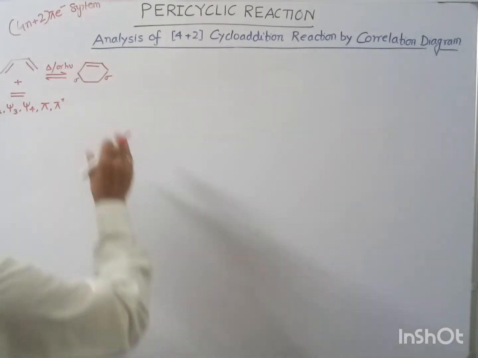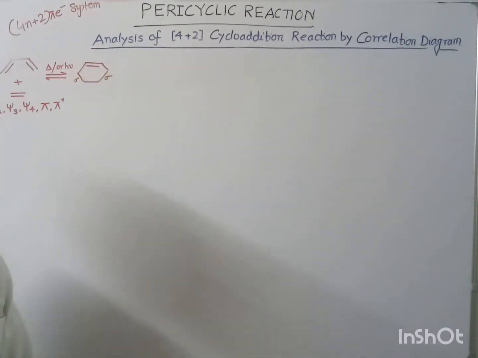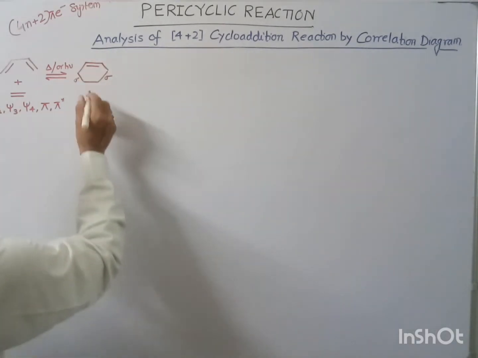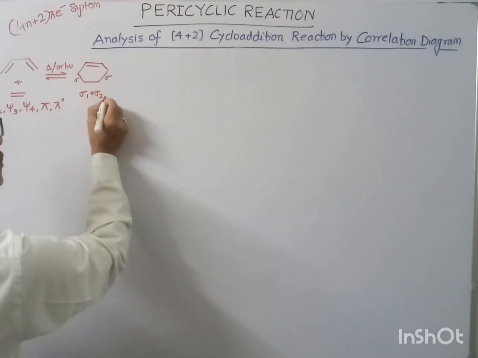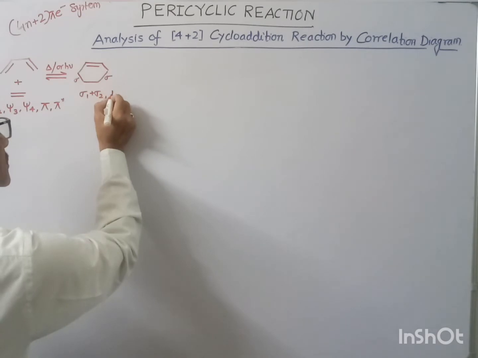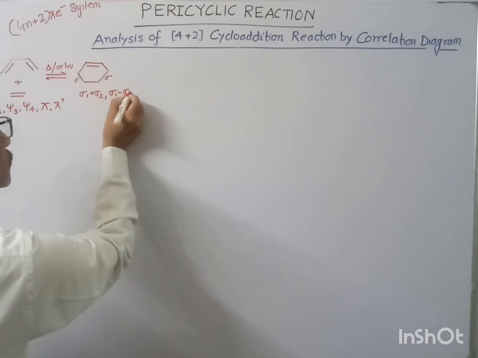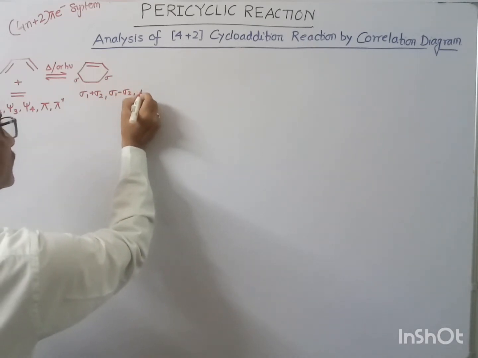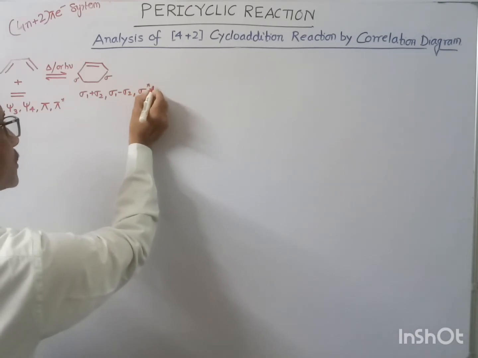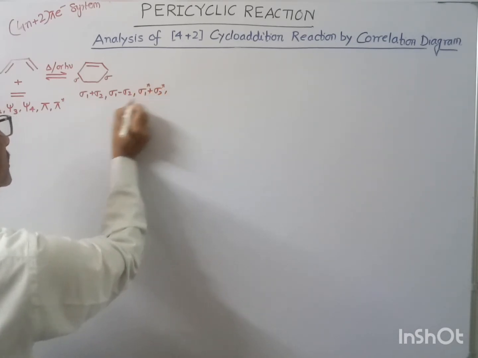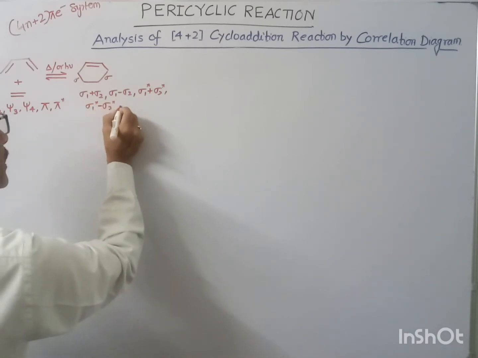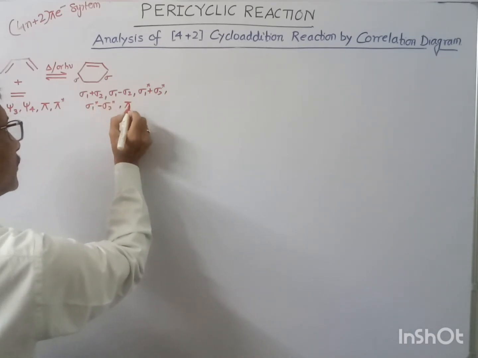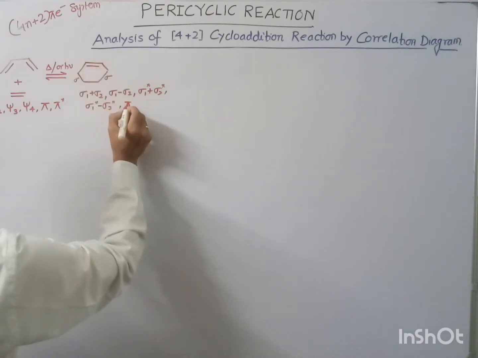In the same way, for the cyclohexene, the molecular orbitals involved will be sigma1 plus sigma2, and sigma1 minus sigma2. In the same way, sigma1 star plus sigma2 star, sigma1 star minus sigma2 star, and pi 1, this is the pi molecular orbital.